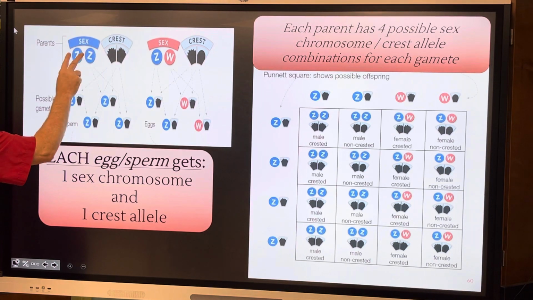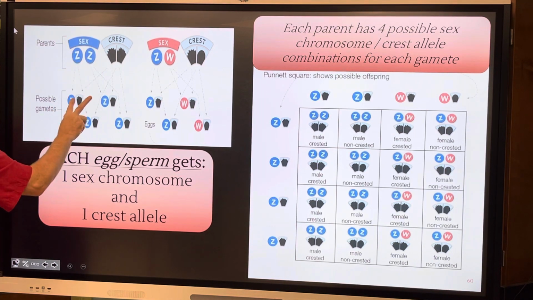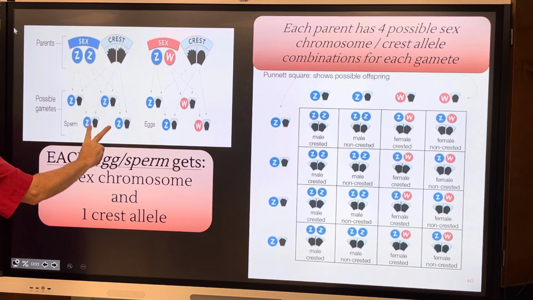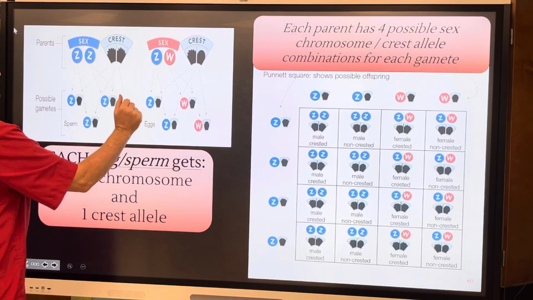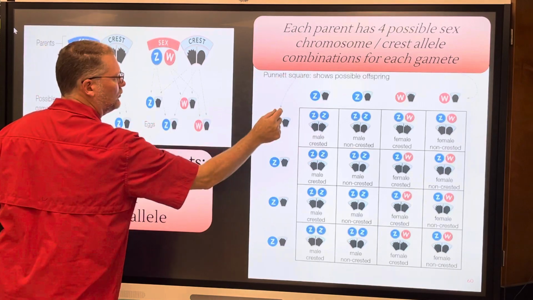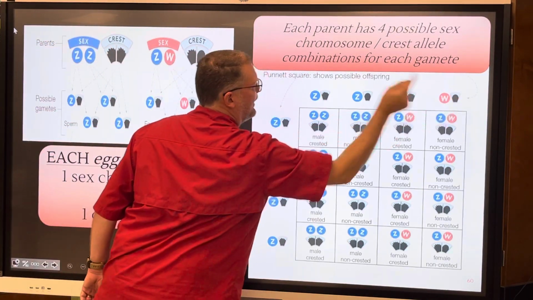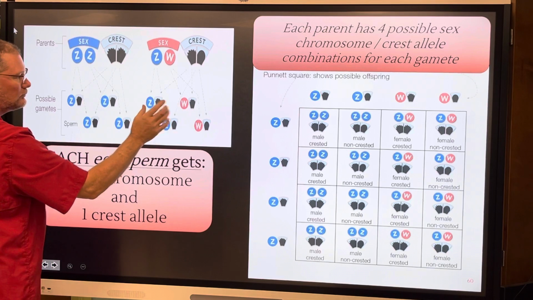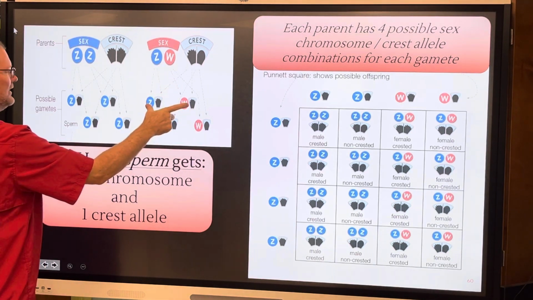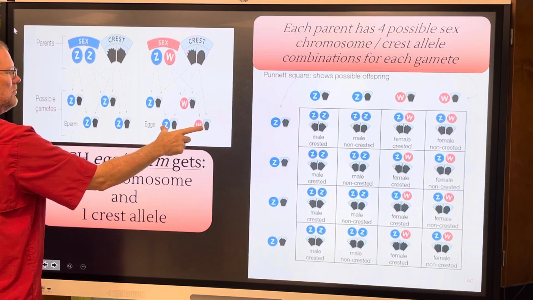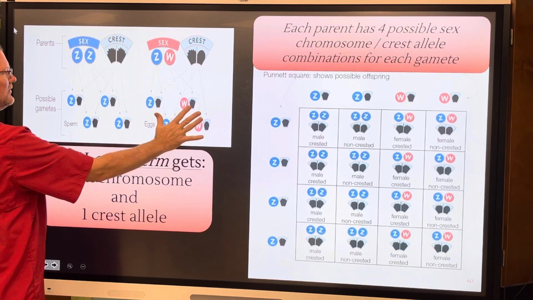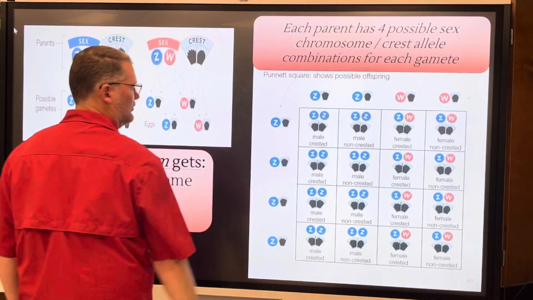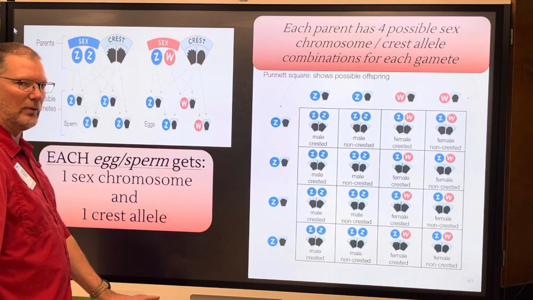Dad, crested male. Possible gametes are Z and Z, so the sperm can only carry Z and Z, okay, for the crest. The mom, on the other hand, so sperm and egg, see? And then these would come down here, like that, okay. And then mom, Z and W, possible gametes, and Z and W, okay? So possible, and that's why they go here and here. Is everybody following along?